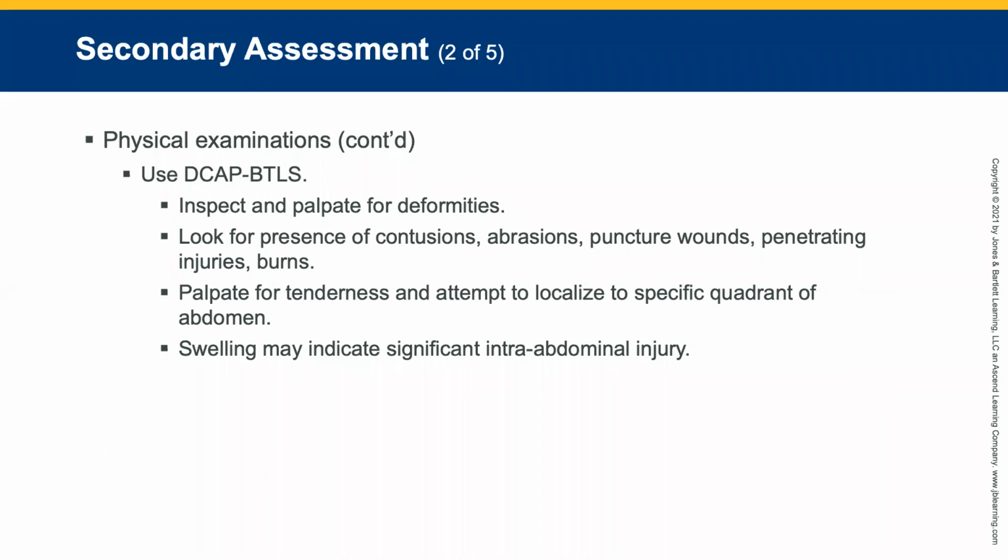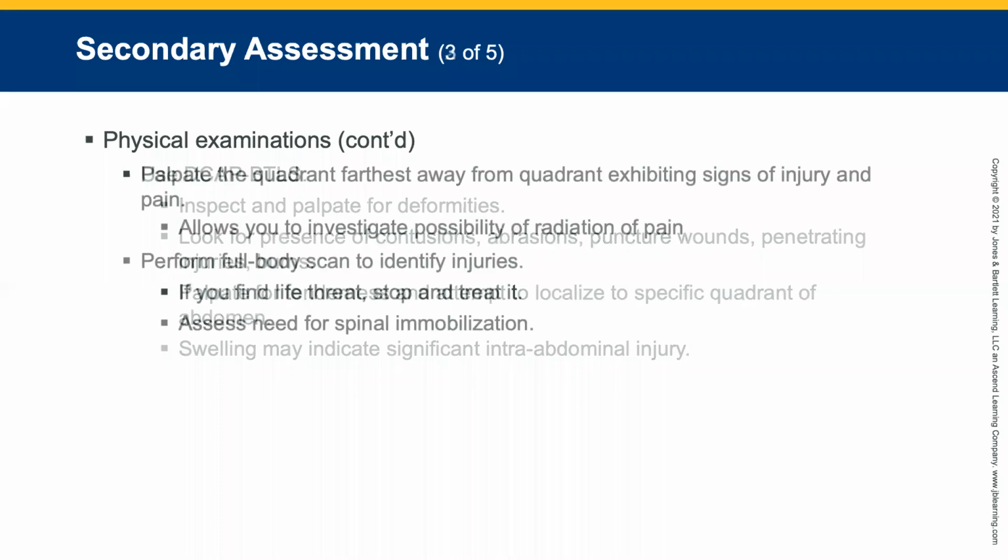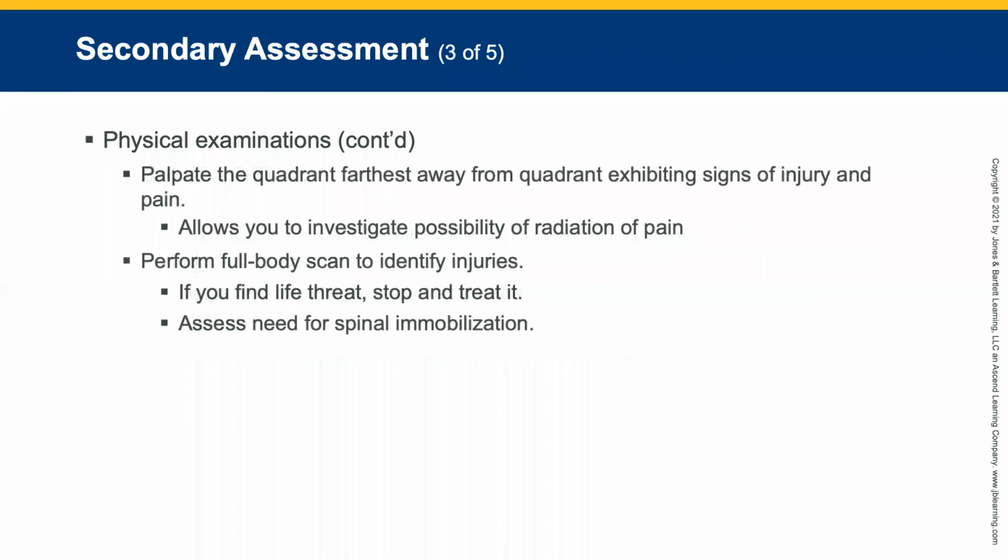So if they're hurting in the left upper quadrant, we want to start in the left lower quadrant and work our way around. Palpate the abdomen when examining the region. We just talked about that. Perform a full body scan to identify any other injuries.